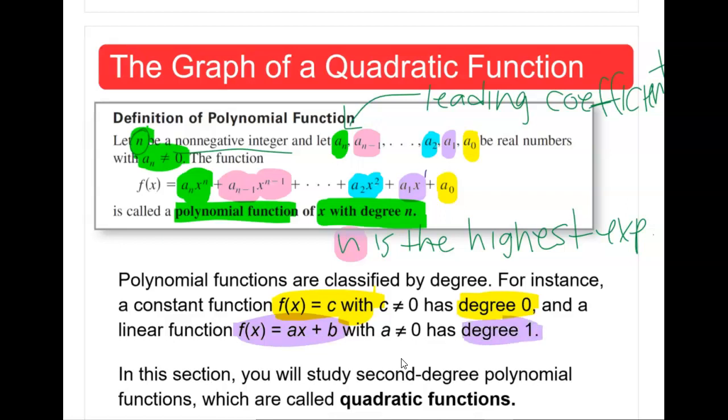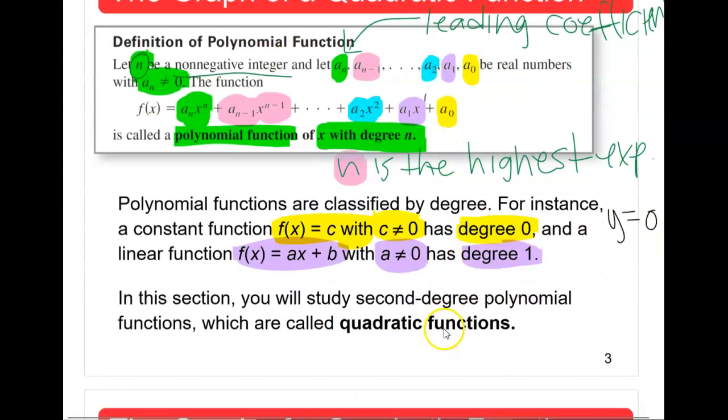And you can see here how this one says that a cannot equal 0. I know that here it says that it cannot equal 0 for the constant as well, but I'm not really agreeing with that statement, because if we had the line y equals 0, that would still be a constant function, but let's not worry about that too much.